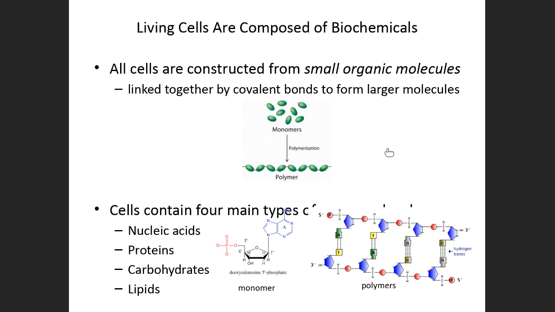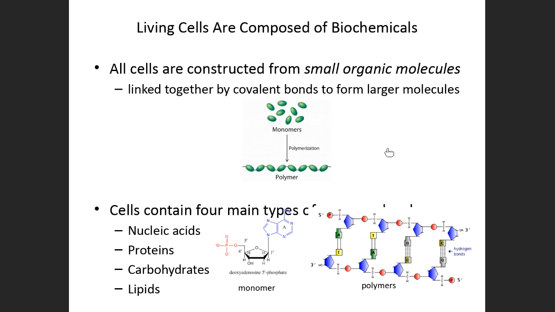And so that MER little root just means unit. And so it's a repeating unit. So a monomer would be one unit, and a polymer would be multiple units all linked together in a chain-like fashion. Now, in organic molecules, they're linked together using covalent bonds.